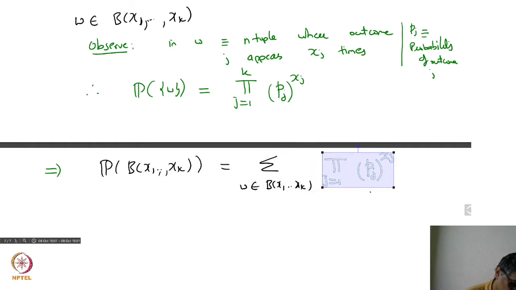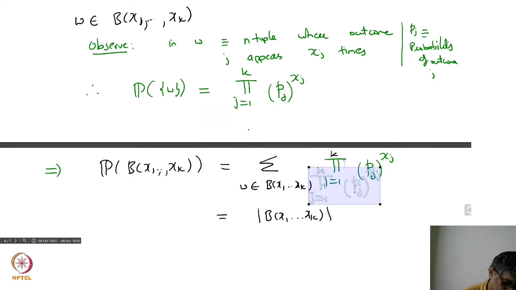They all have the same probability because it doesn't depend on which sequence it was. So this is just the size of B of x1 through xk times this probability.